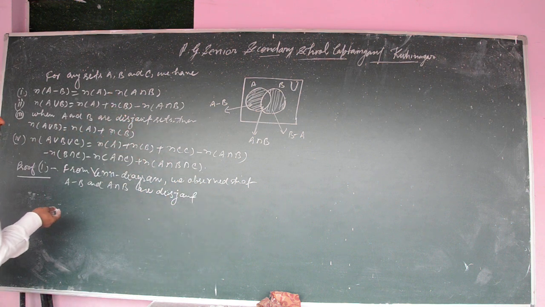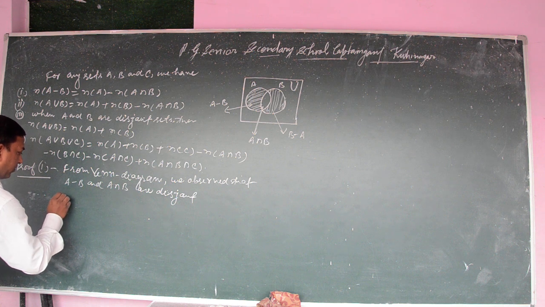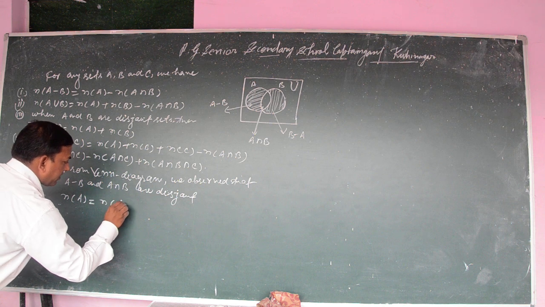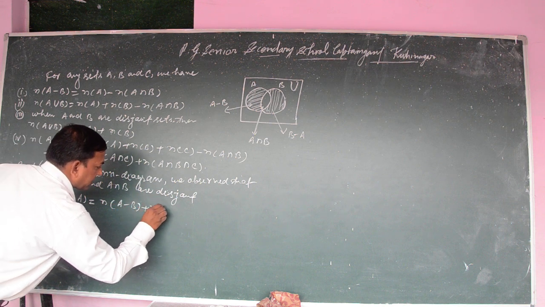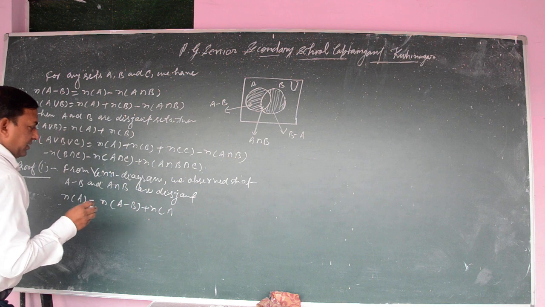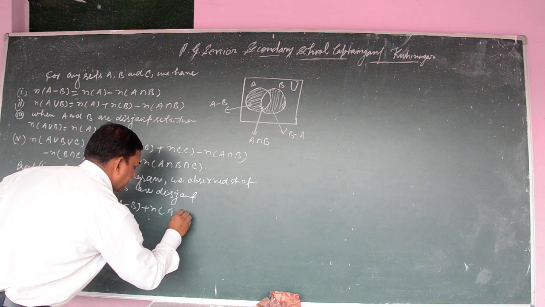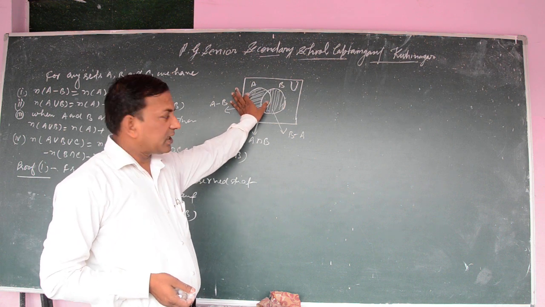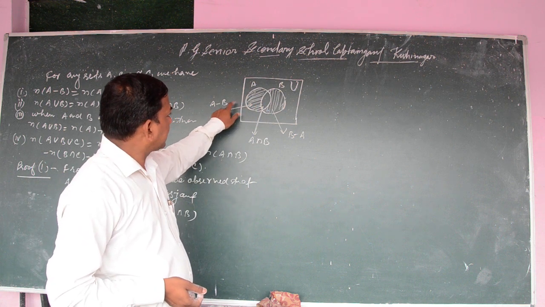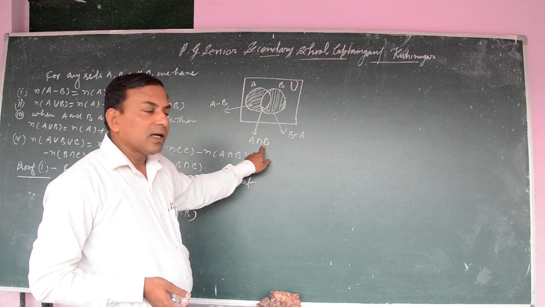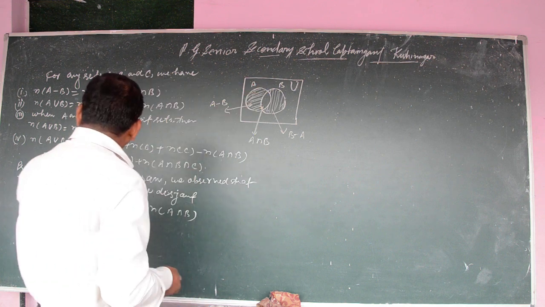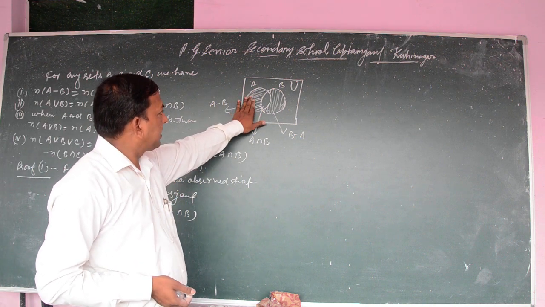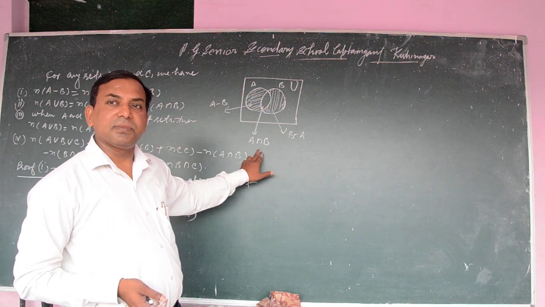Therefore, cardinal number of A equals cardinal number of A difference B plus cardinal number of A intersection B. This region A contains two regions, one A difference B and second A intersection B. So the cardinal number of whole set A equals cardinal number of A difference B plus cardinal number of A intersection B.